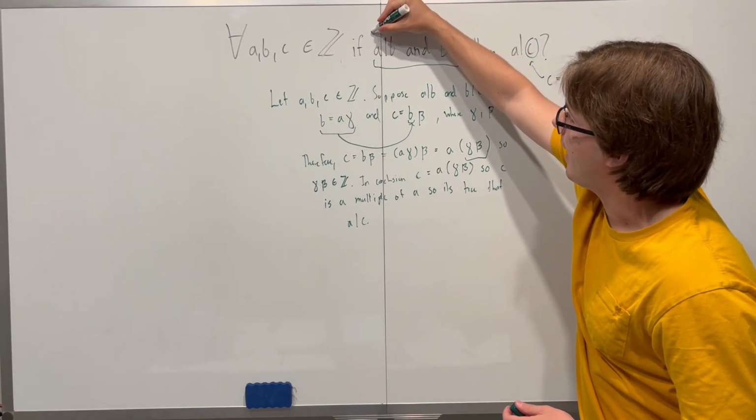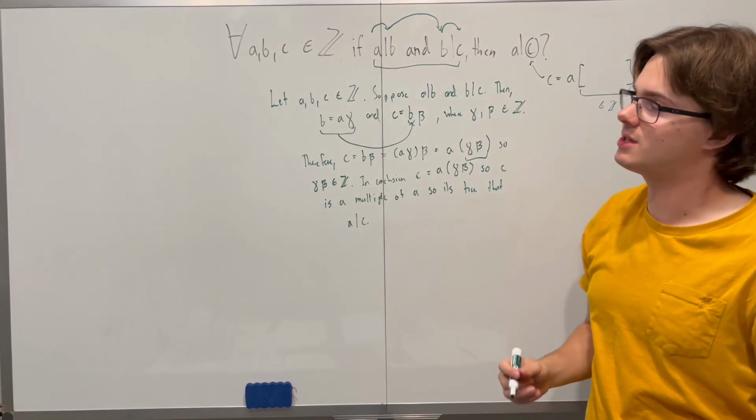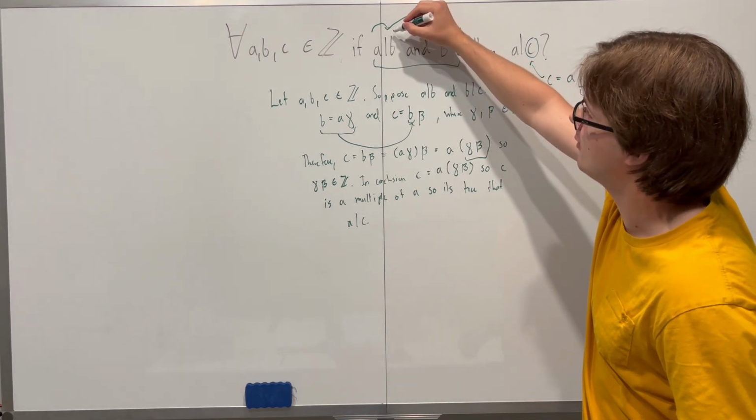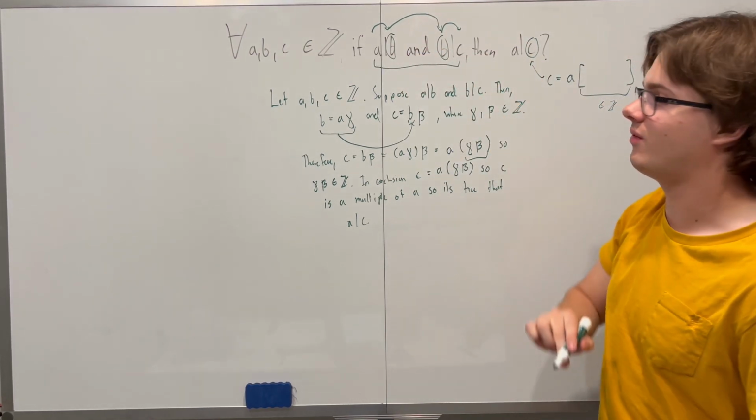We're going A goes to B, and then B goes to C. This is kind of what transitivity is hinting at here. So we've just proven that because they share this bridge B, it's true that A divides C.